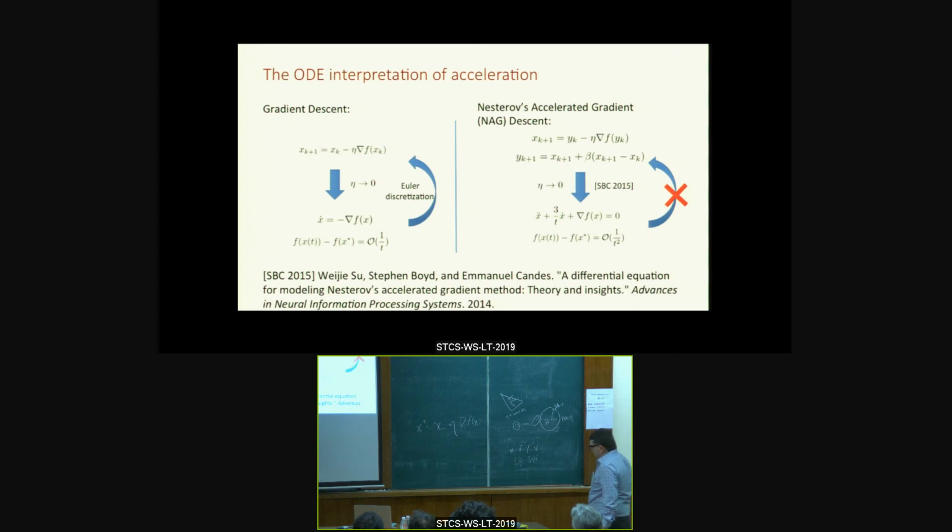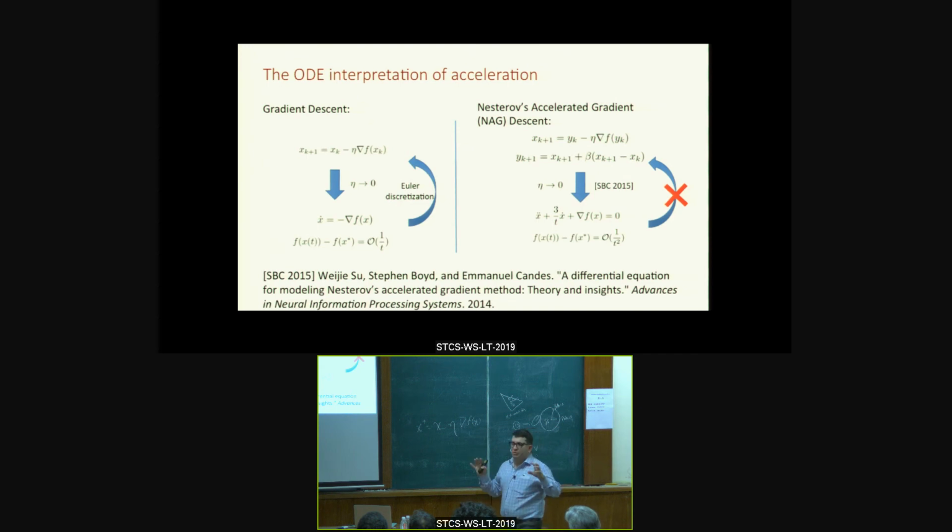Well, so when the step size goes to 0, yeah, I'm skipping some detail here. Yes, it's this paper.